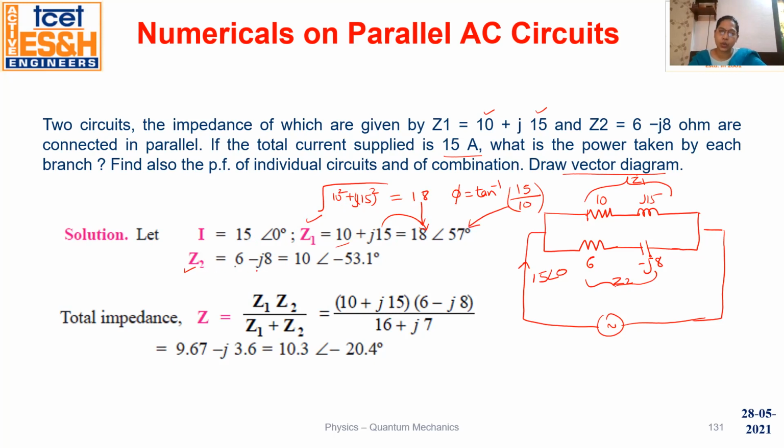Whereas for Z2, for calculating the magnitude, the square root of 6 squared plus 8 squared will give the value 10, and the angle is tan inverse of the imaginary quantity minus 8 divided by 6, which will give 53.1. So these are the two values of Z1 and Z2 in polar form.